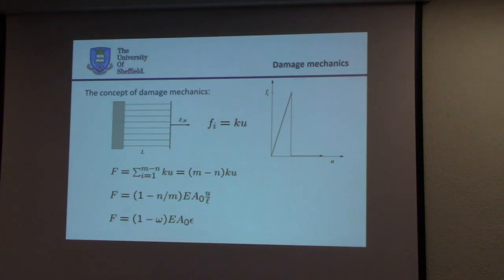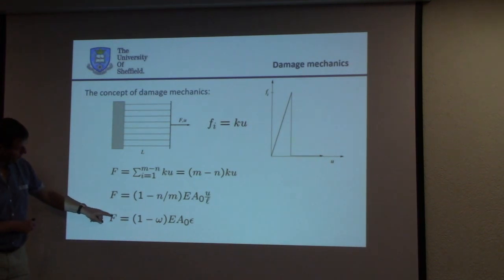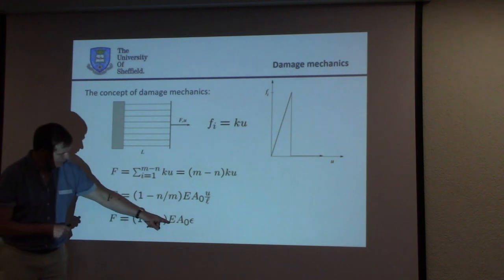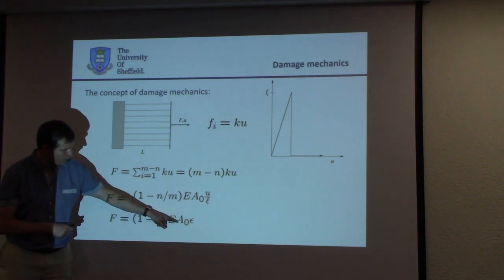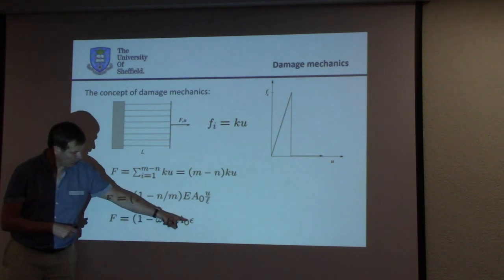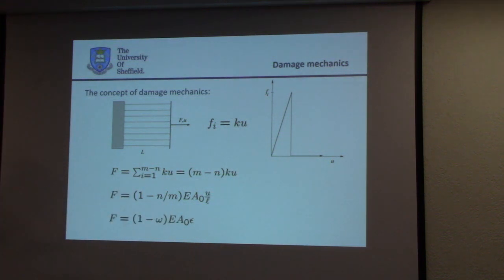So we go to a stress-strain relation. And then we have the force equals our Young's modulus times our cross-section times our strain times 1 minus the ratio of broken bars. And this ratio of broken bars is the damage parameter.